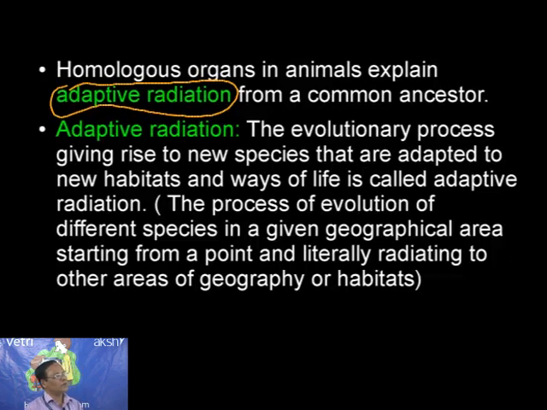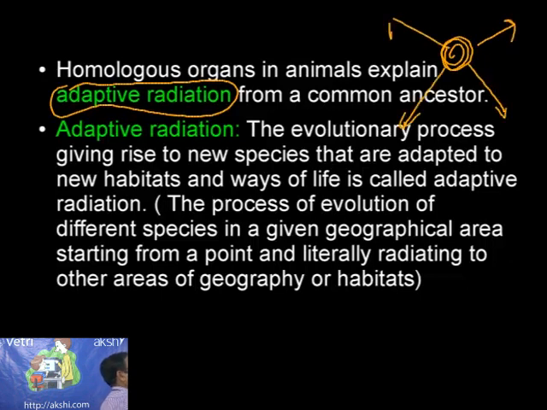Or we can say it another way: the process of evolution of different species in a particular geographical area, normally starting from a point. There is a central point, the ancestral form, and from this we have the diversification of different groups. This is what is called adaptive radiation.